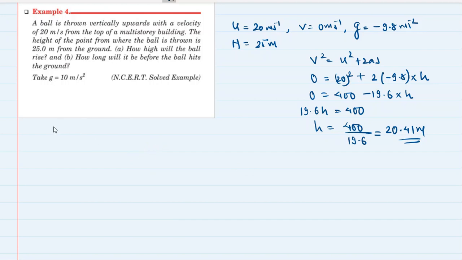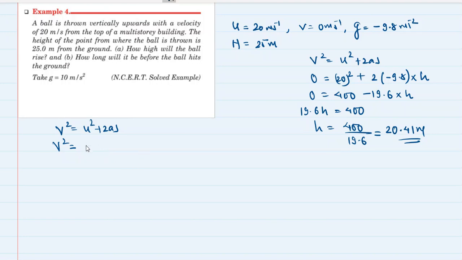So let's do that. First, we'll use v square is equal to u square plus 2as, where v is the final velocity just before it hits the ground. U is the initial velocity when it is dropping down. I'm considering that part of motion where the ball is already at its maximum height after being thrown, and then it is free falling down.